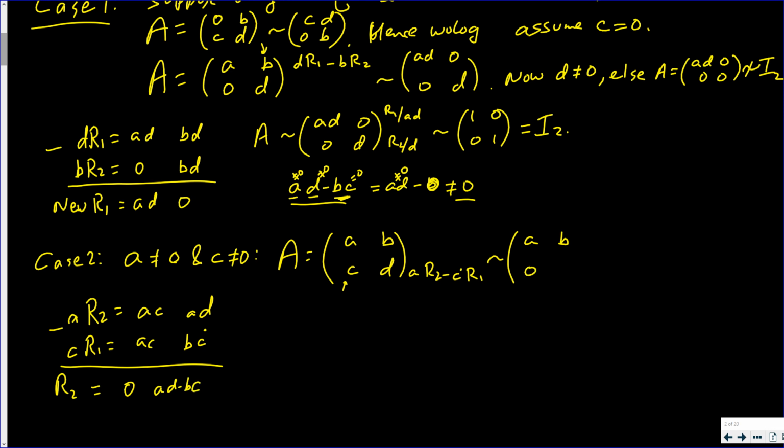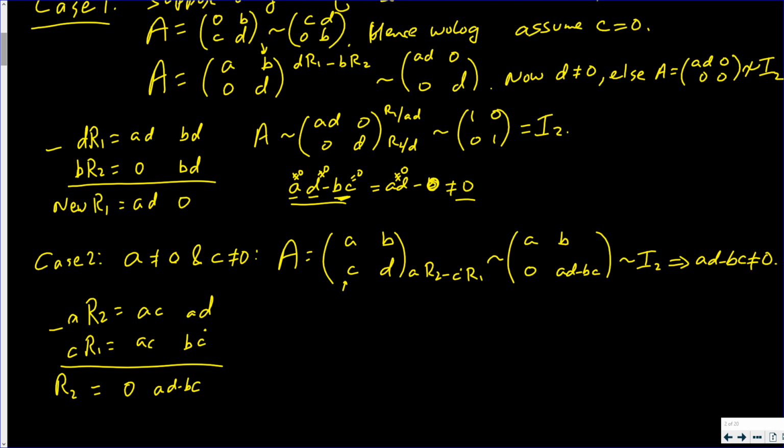Now, if this is row equivalent to I2, that implies that AD minus BC cannot be 0. Which is what we wanted to show.